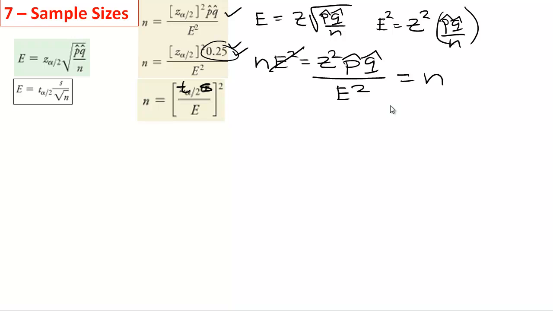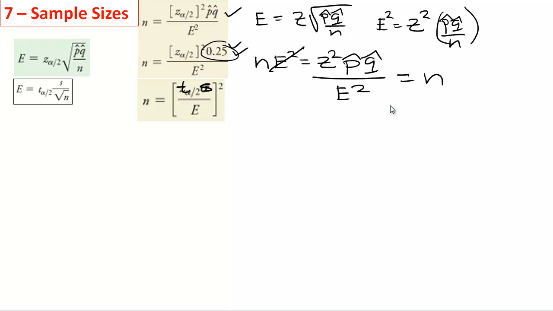So if you rounded that down to 100 and sampled 100 people, your margin of error, your E, is going to be slightly bigger than 1%. So in order to make it 1% or smaller, you always round up. That 100.001 would round up to 101, and you would go out and sample 101 people.